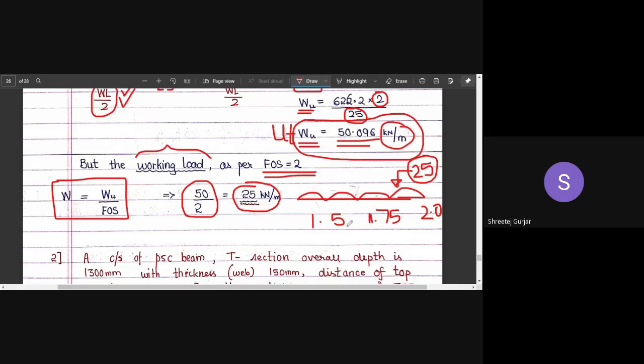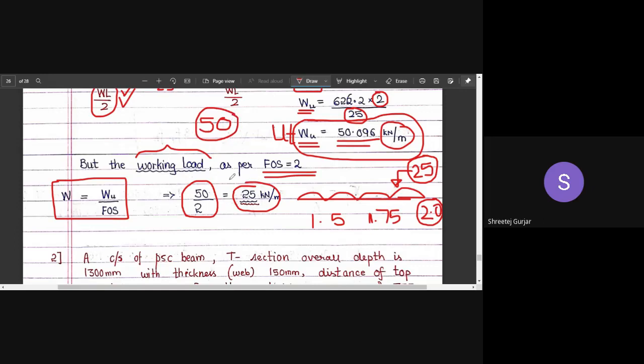So here they have adopted a factor of safety of 2, meaning that in a worst case scenario, suppose the loading is doubled, that is, increased to 50, the beam will not fail. Because we have used a factor of safety of 2, we have doubled the capacity of the beam. Even though the load is only 25, we are designing it for 50.